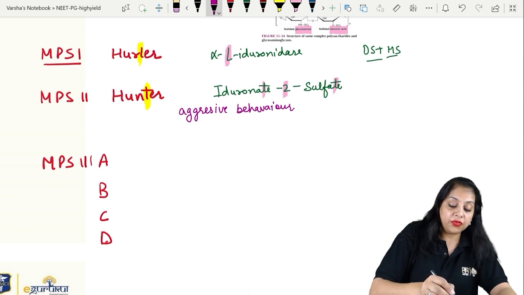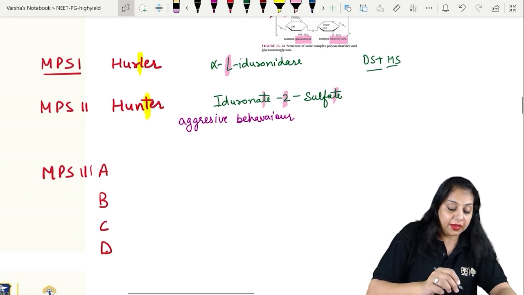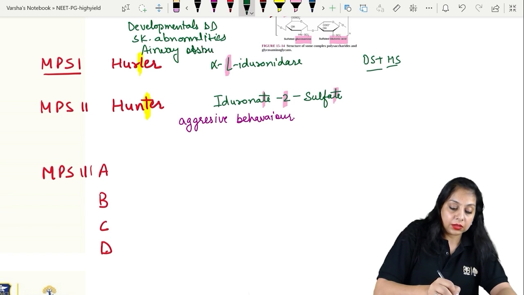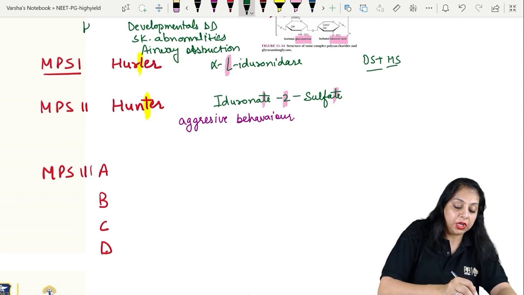Whereas in Hurler syndrome, the patient will have developmental delays, skeletal abnormalities, airway obstruction, and hepatosplenomegaly.